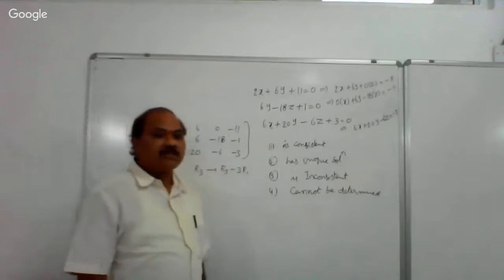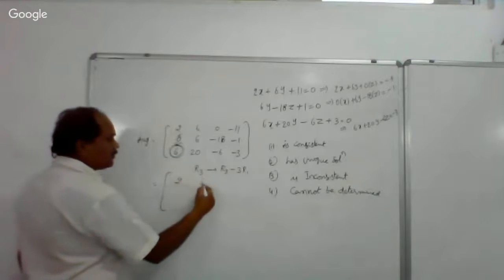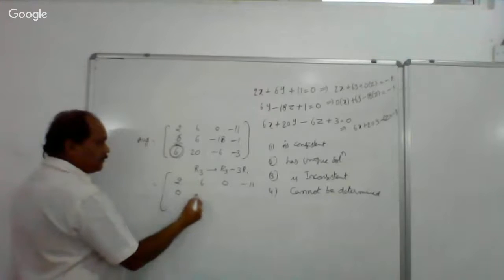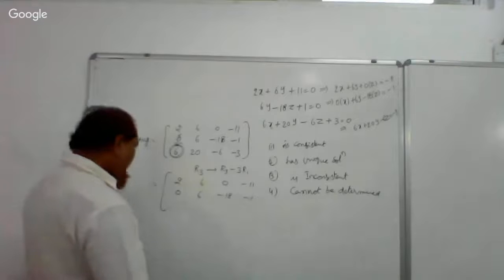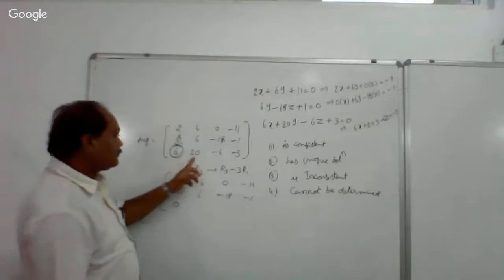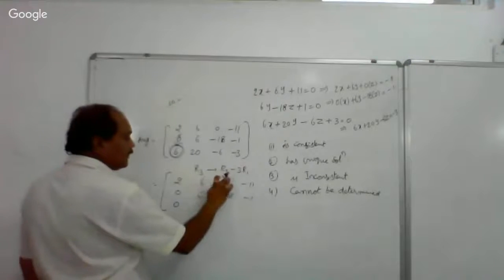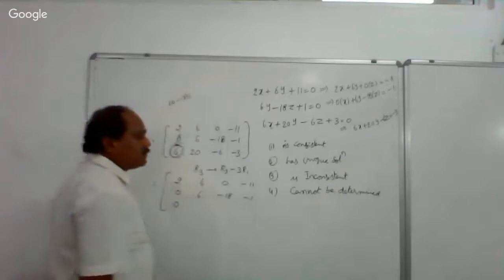R3 minus 3 R1. That is 2, 6, 0, minus 11. 0, 6, minus 18, minus 1. 0, and 20 minus, R3 minus 3 into R1.